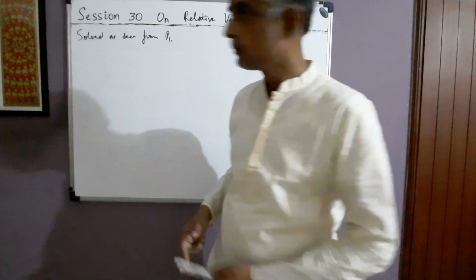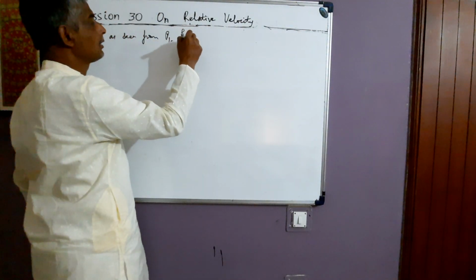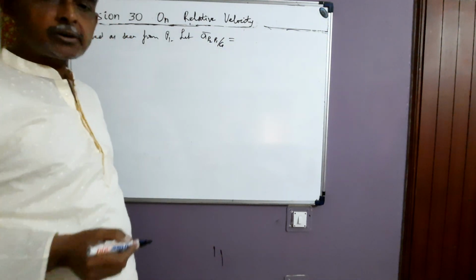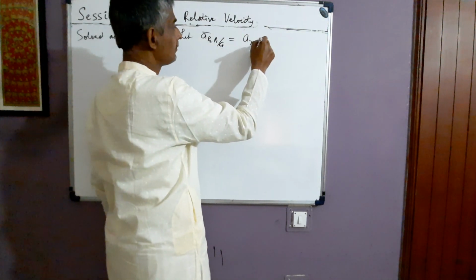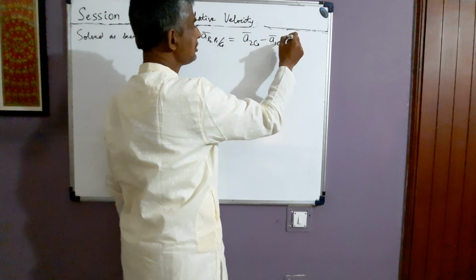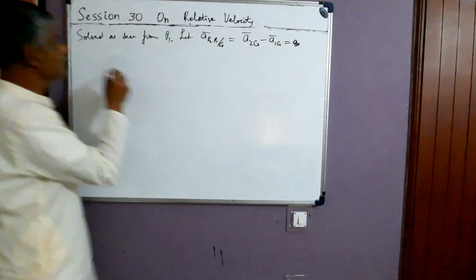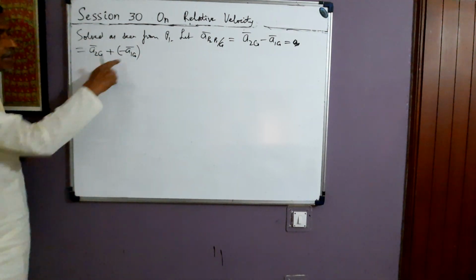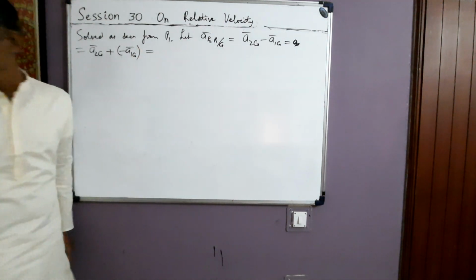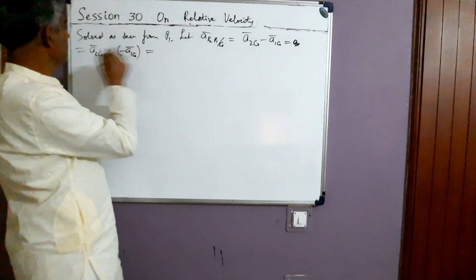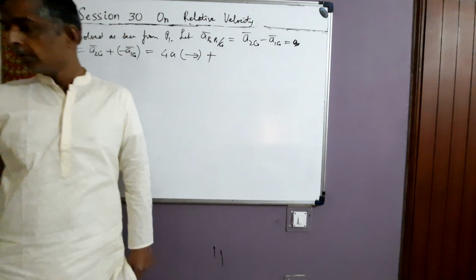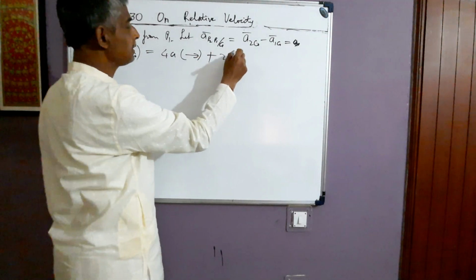We find the relative acceleration of P2 with respect to P1 in the ground frame, as we did in the previous video. So let a P2 P1 slash G, the relative acceleration of P2 with respect to P1 in the ground frame, be just equal to a2G minus a1G, which is the vector sum of a2G and the reverse of a1G. Now a2G is 4a rightward. a1G is 2a left, so the reverse of a1G is 2a right.